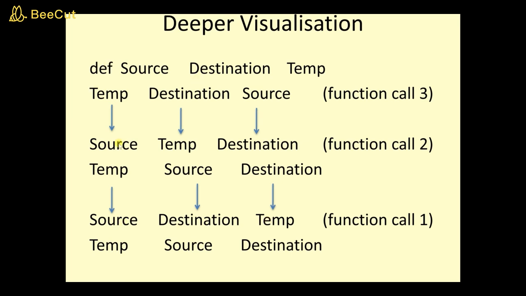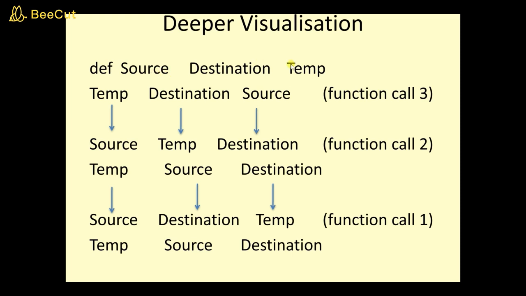We have to do the same thing again and again: the previous function we have to arrange in the same order as defined, and then attach whatever we got from the recent arguments and arrange it in the same order. For example, now we have reached over here. Source, destination, temp is in the same order as defined over here.